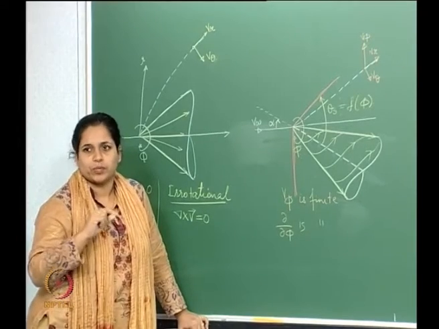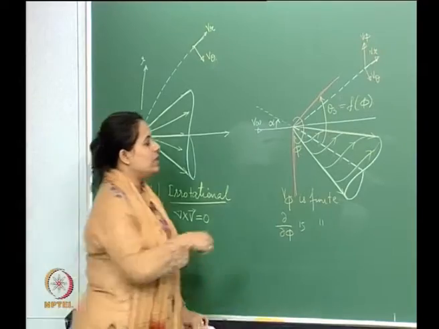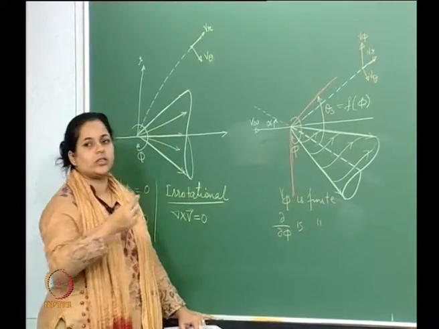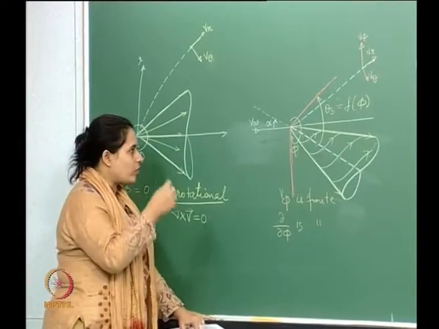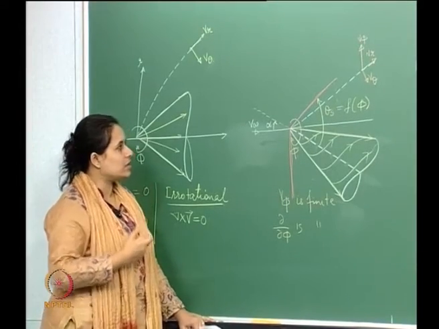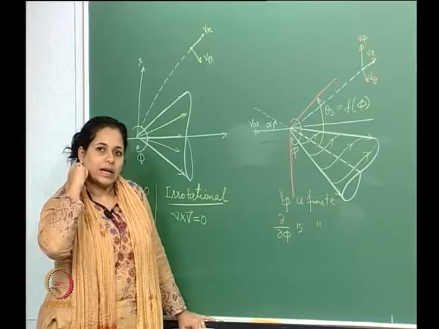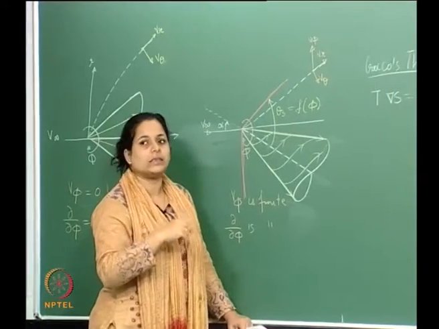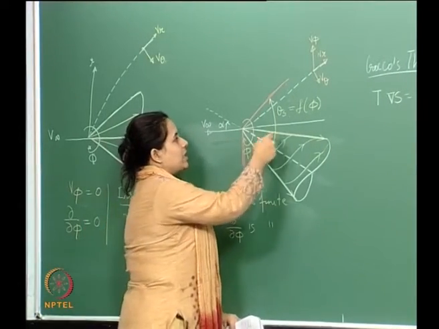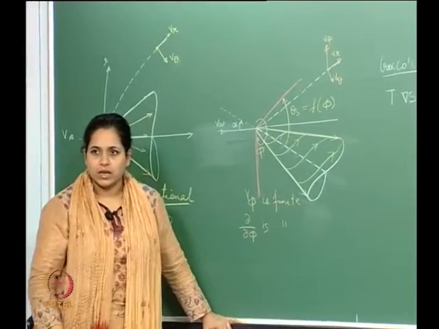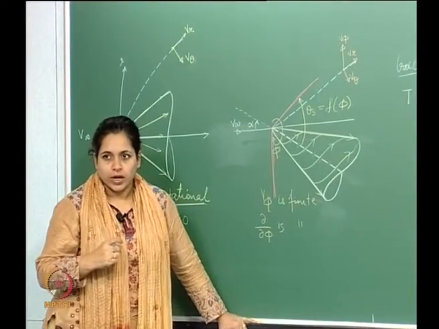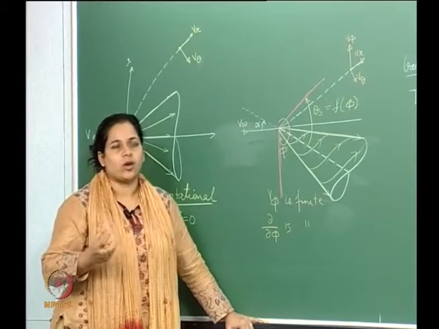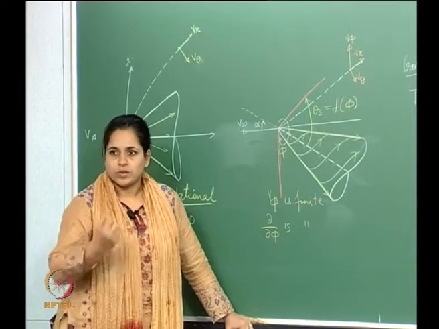So entropy is constant on a particular streamline, but when a streamline is going from one point to the other, there is a certain increase in the entropy, because there is a change in phi, which means there is a change in the shock wave angle, and if the shock wave angle changes, the nature of the shock changes, isn't it? Isn't that what we have learned? Whether a shock is very strong or weak depends on the shock wave angle, right.